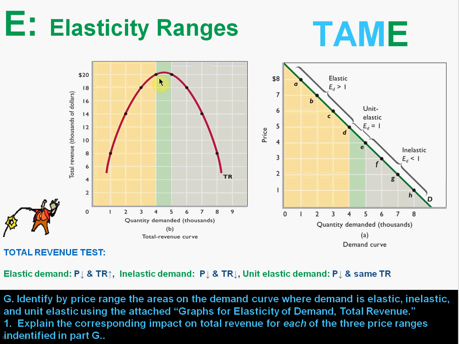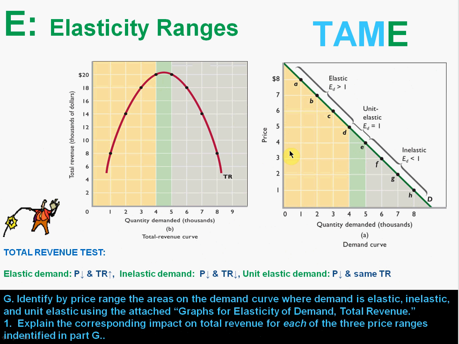Now over here, we find that in that same range where quantity demand is between 4 and 5, total revenue is unchanged at 20. According to the total revenue test, the unit elastic demand is where price goes down, but the total revenue stays the same.